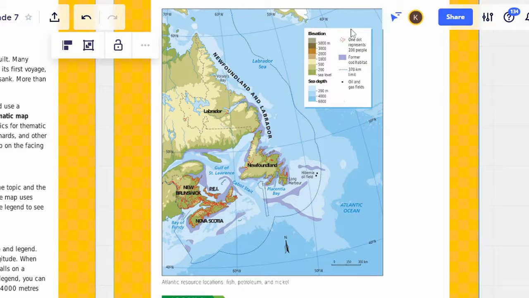Just looking here again at the legend. The two things we hadn't mentioned yet is these little red dots. So those little red dots, it says one dot represents 200 people. So that shows us, first of all, one thing, if you look at Newfoundland and Labrador compared to New Brunswick, Nova Scotia, and PEI, you see the dots are a lot more spread out. Newfoundland and Labrador have quite low populations.